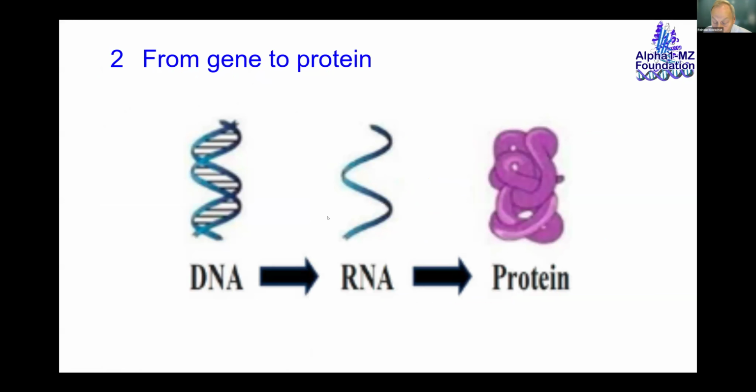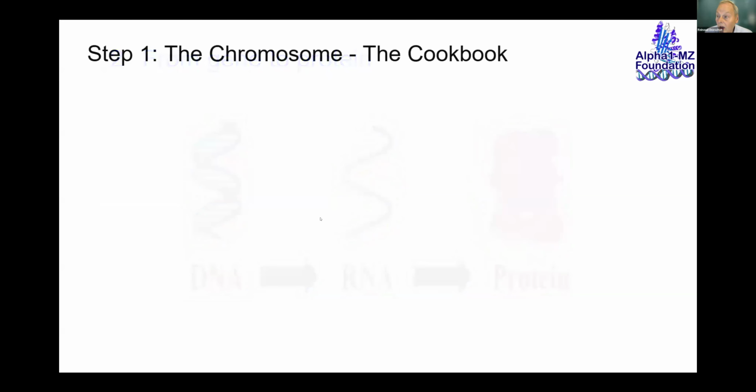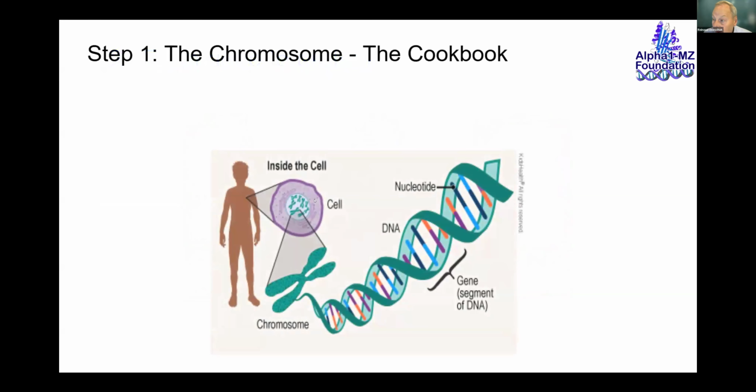Therefore, we have to go to the DNA, a simplified crash course in how DNA becomes a protein, from DNA to RNA to the alpha-1 protein. Inside every human cell, there's a nucleus, the core of the cell. In that core of the cell, there are 23 chromosomes from each parent, so 46 in all.